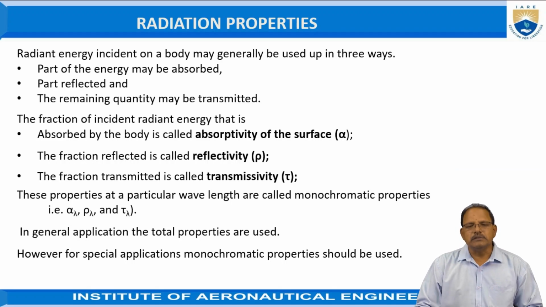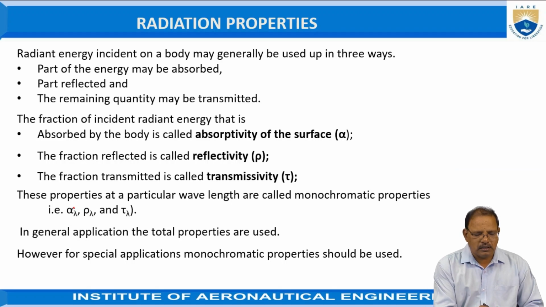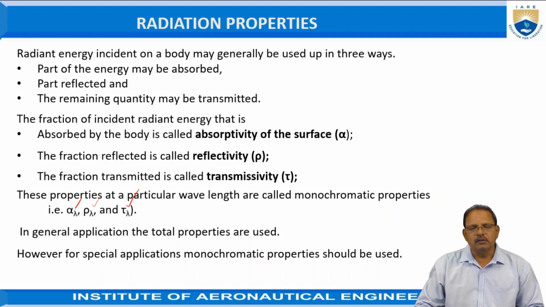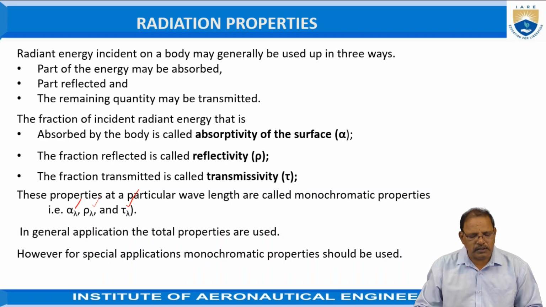These properties at a particular wavelength are called monochromatic properties, which are represented as alpha delta, rho delta and tau delta. The first one is alpha delta, the second one is rho delta, and the third one is tau delta.